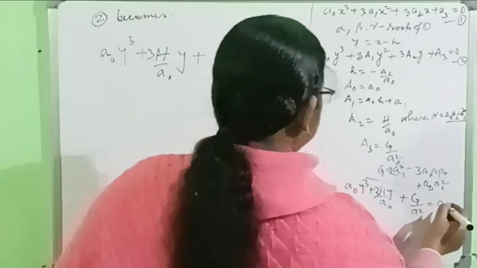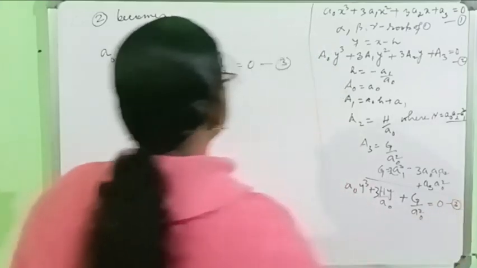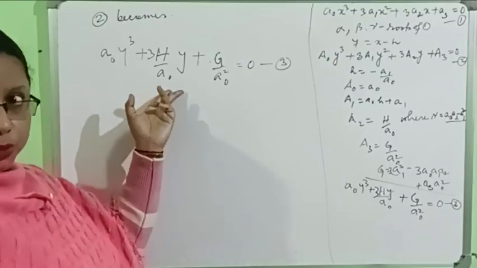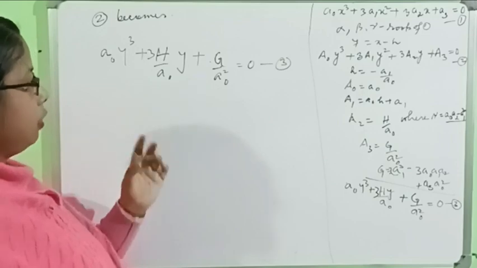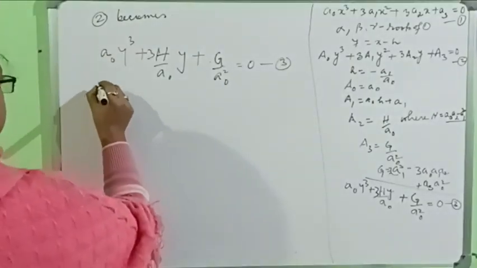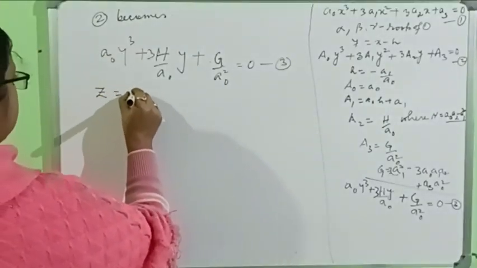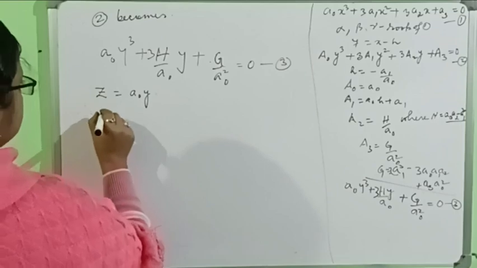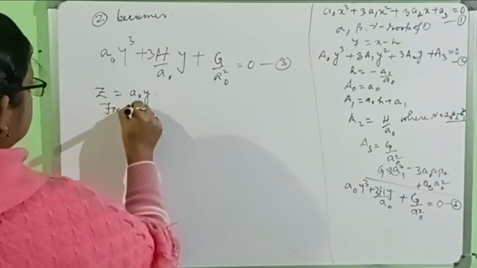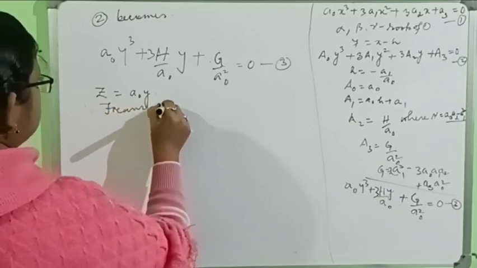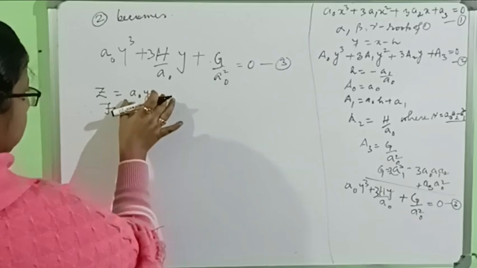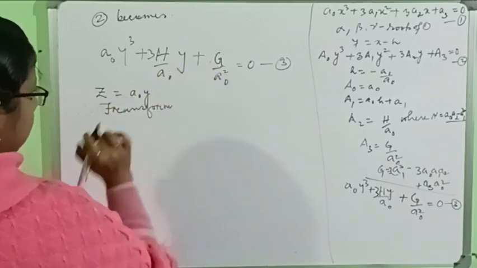Put this equation 3. To make this equation free of fraction, we will take the transformation z is equal to a naught y. Therefore the transformed equation becomes, to make this free of fraction, we will multiply the root of this equation by a naught.